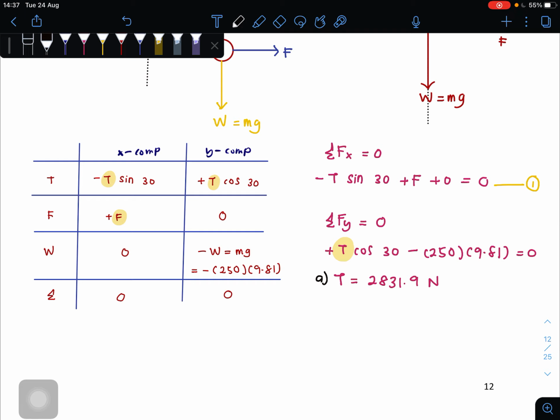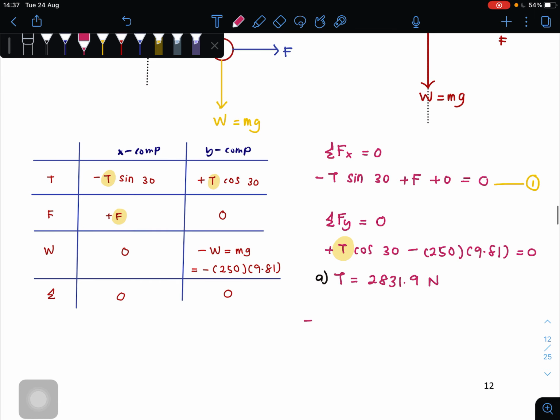So now that we have the value for T, we can use the first equation. Just put in the value for T here. Negative 2839.9 sin 30 plus F equal to 0. So F will be equal to 1416 Newton.